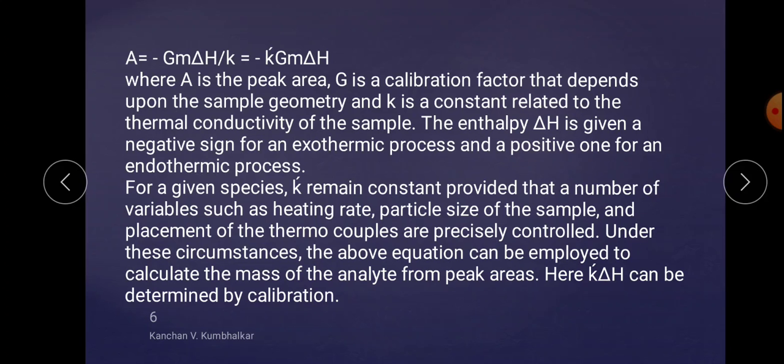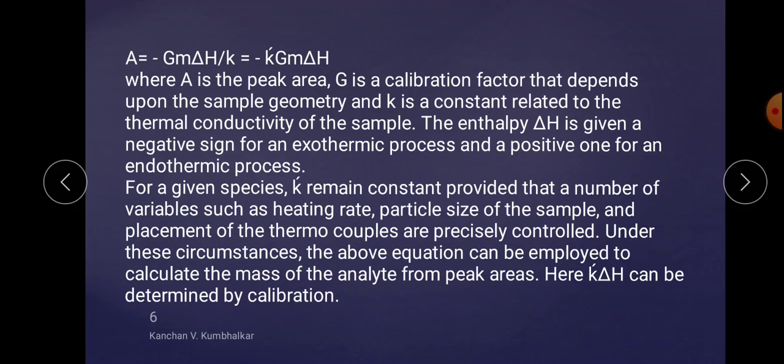For a given species, K dash remains constant provided that a number of variables such as heating rate, particle size of the sample and placement of the thermocouple are precisely controlled. It means K dash is also constant, but it depends on various factors installed during the process of the reaction.